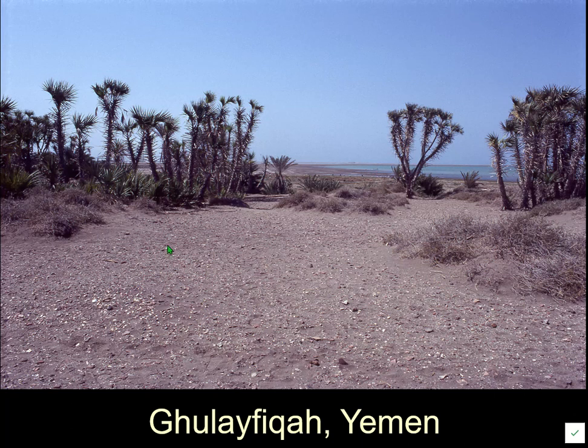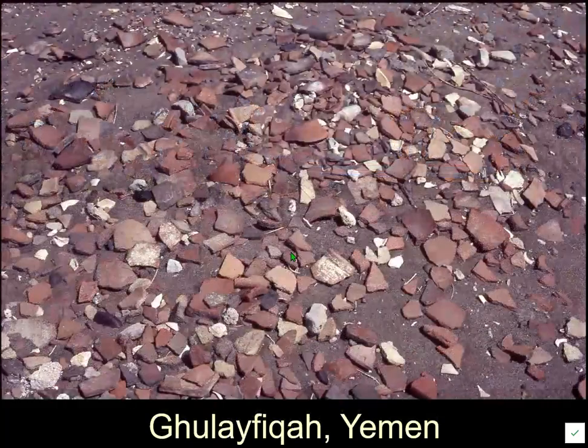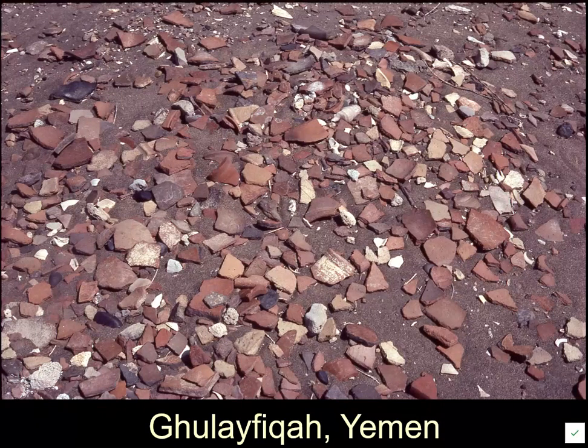And in one place at least, we found a number of sites following the movement of what would have been the port. Ghulayfiqa was very important in the 12th century, and we found a lot of imported pottery there. But it shows you what these archaeological sites were like.